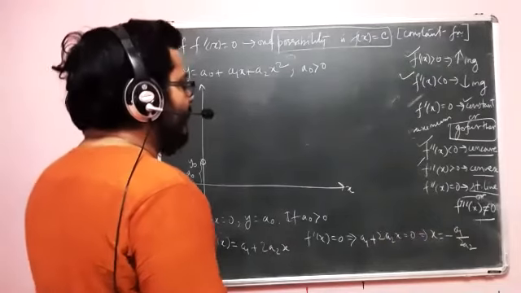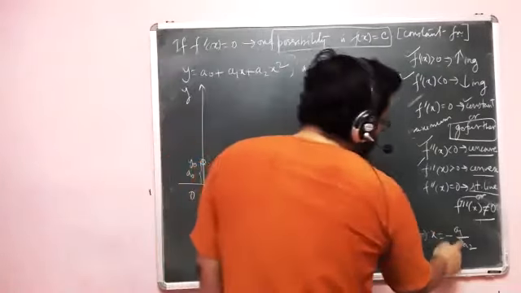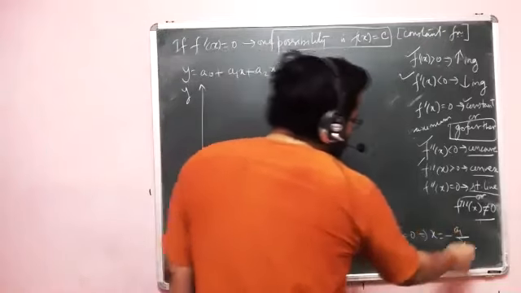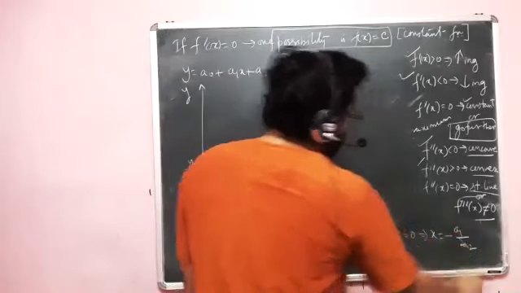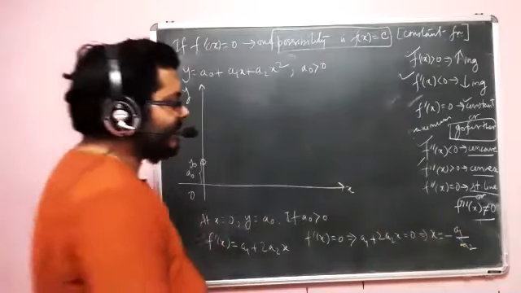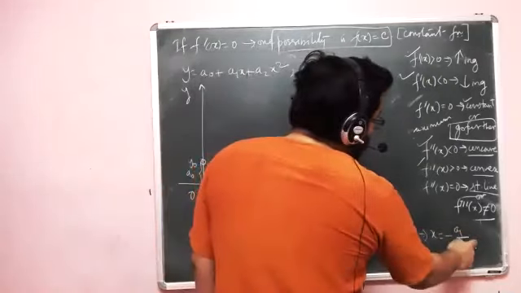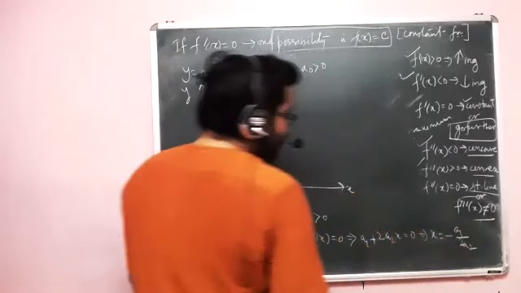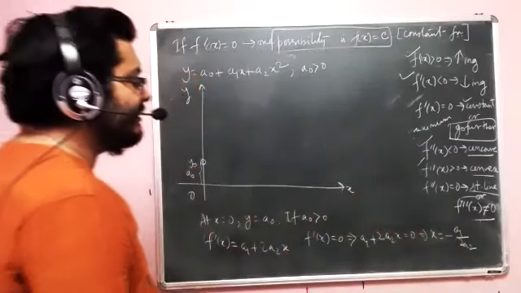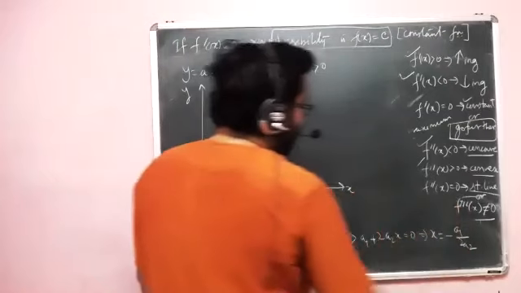Now, if either a1 or a2 is negative, then this becomes a positive number. Or if I take a1 and a2 both negative or both positive, then this becomes a negative number.